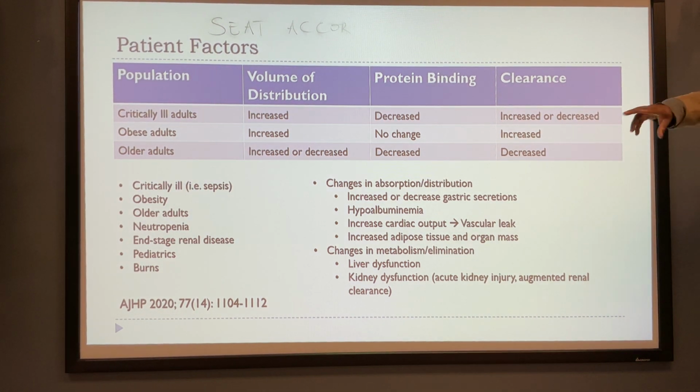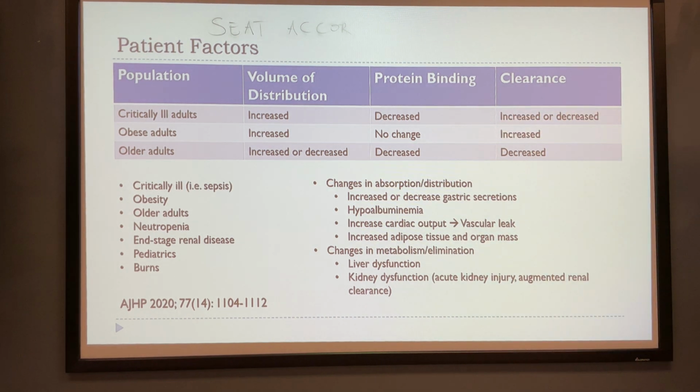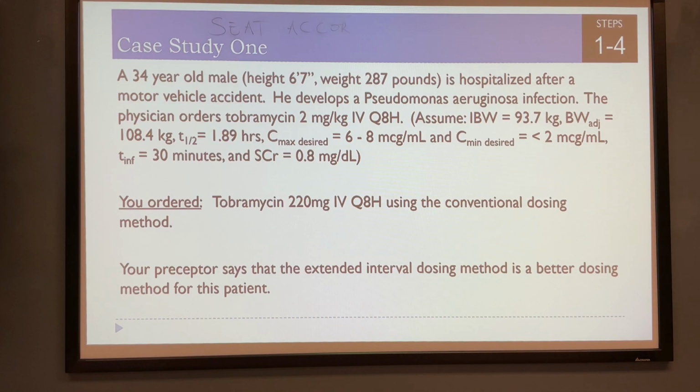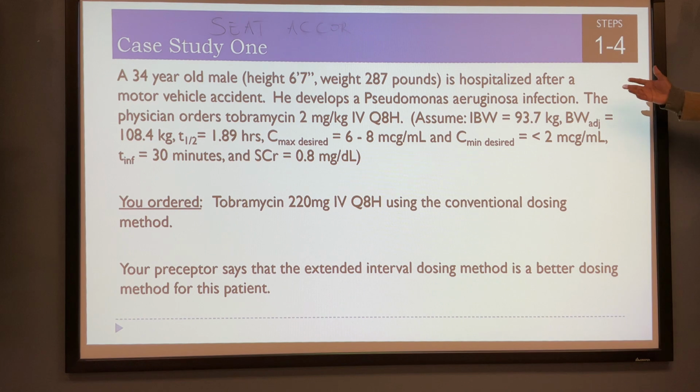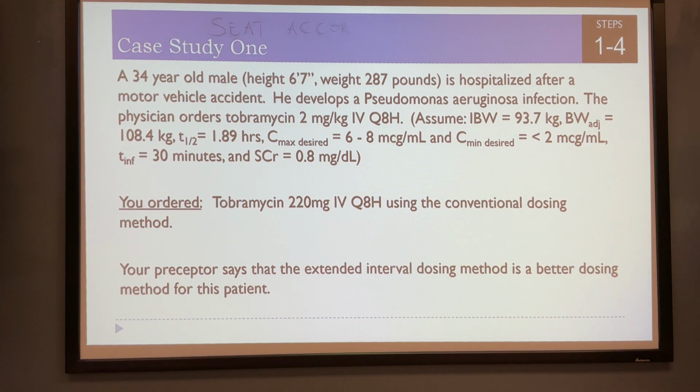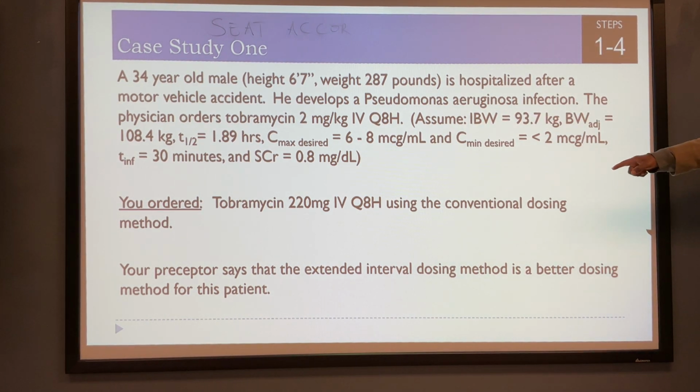So you may see some different things depending on the disease state of the patient. A lot of what we're talking about is because of these changes in patient factors.